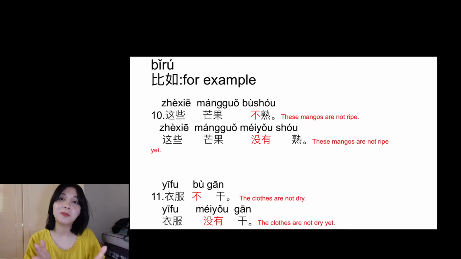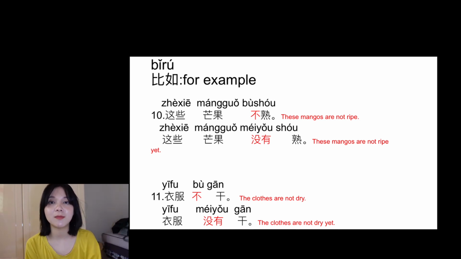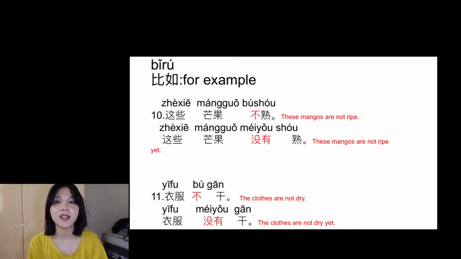And let's do a little bit of review about these sentences. 这些芒果不熟, these mangoes are not ripe. 这些芒果没有熟, these mangoes are not ripe yet. And 衣服不干, clothes are not dry. 衣服没有干 means are not dry yet.